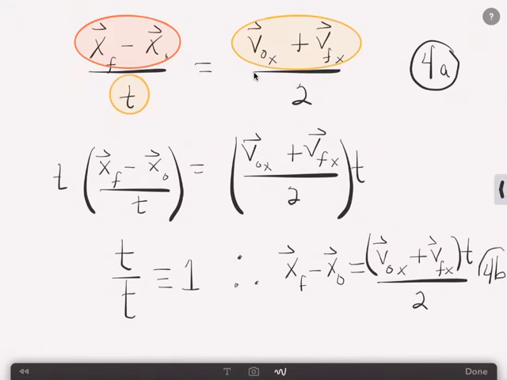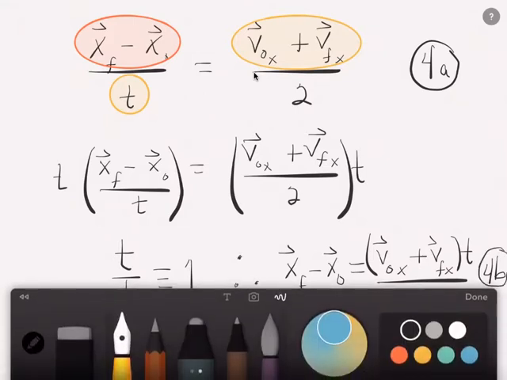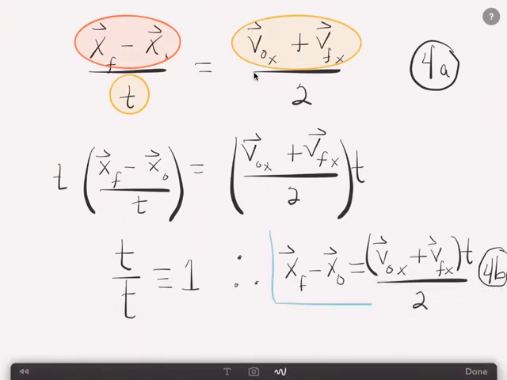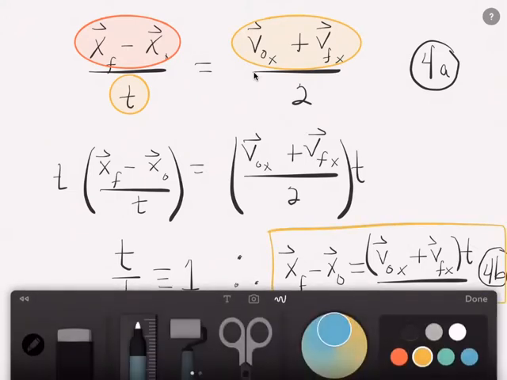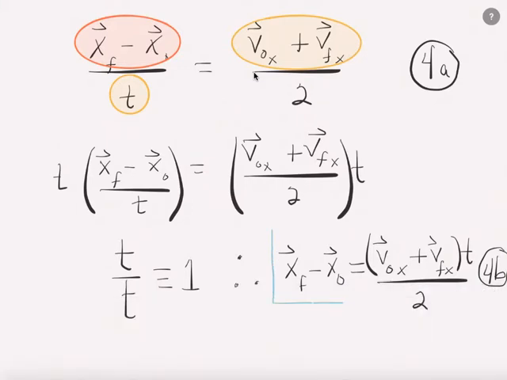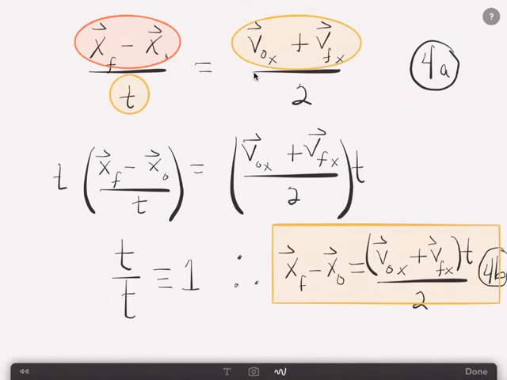And I'll just circle that like so. Hopefully that doesn't freak you out too much. And let's just go ahead and put a little box around this. All right. So that's that particular equation.